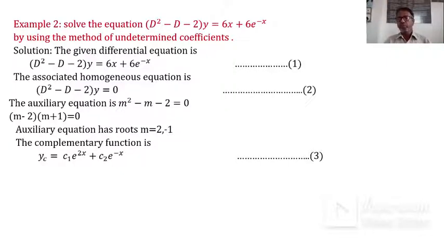For this purpose, here q of x is equal to 6x plus 6 e to the power minus x. And now from this, we want to find the homogeneous linear differential equation with constant coefficient whose particular solution is 6x plus 6 e to the power minus x.